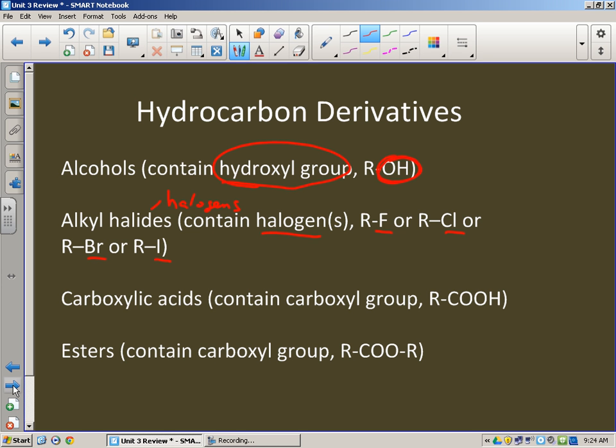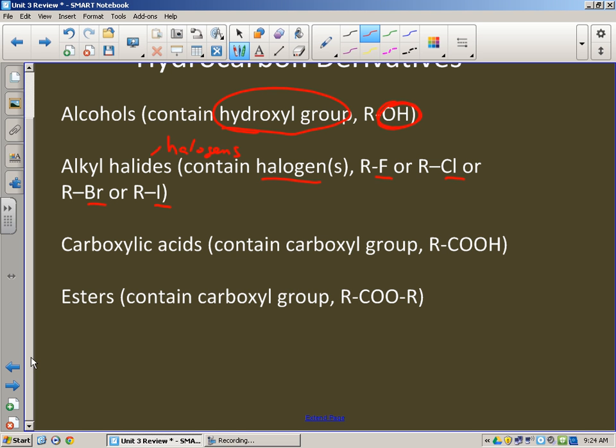So some carbon chain with those halogens or halides linked onto them. Carboxylic acids contain the carboxyl group. Make sure you know these carboxyl, hydroxyl groups here. And of course, that's your C double bond O, OH at the end.